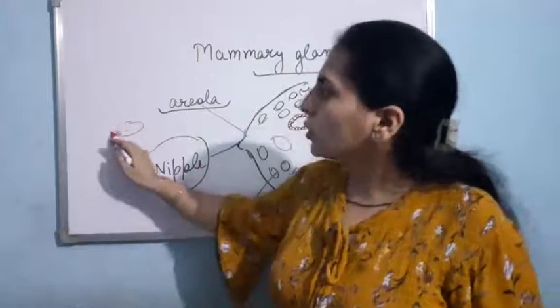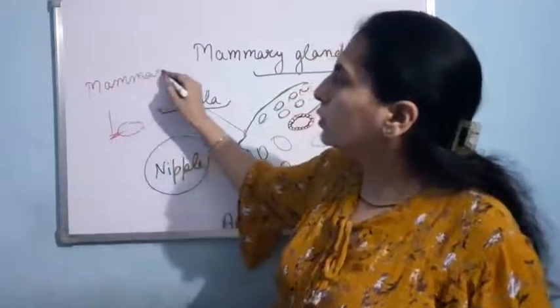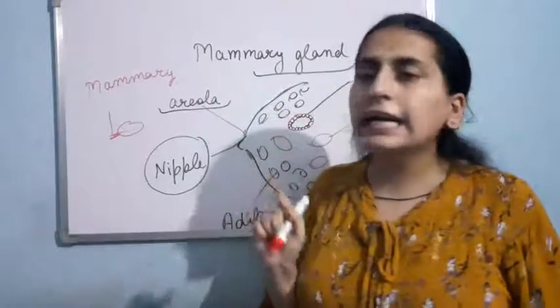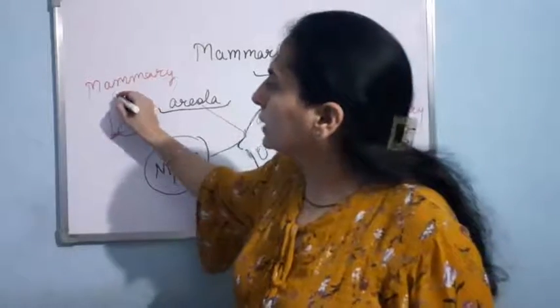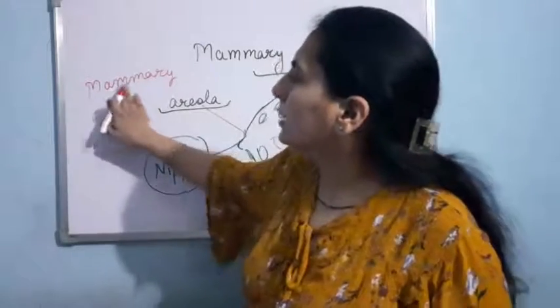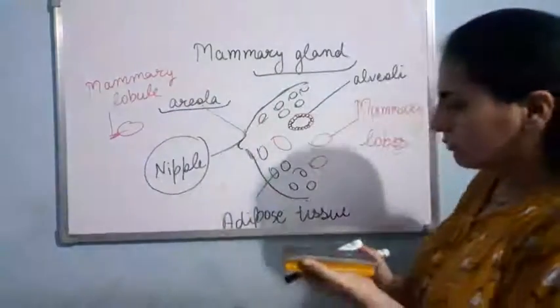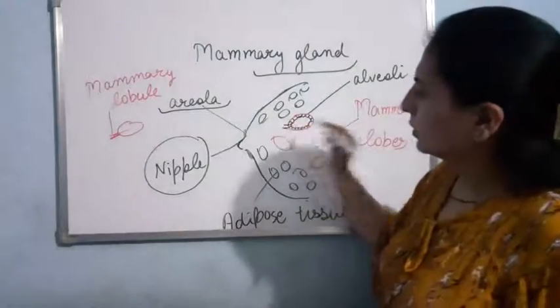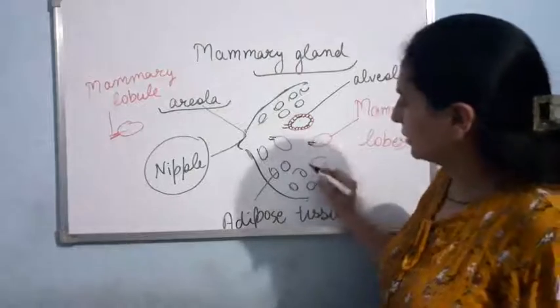This duct is known as the mammary lobule, meaning the duct arising from the individual mammary lobe. Is it fine?